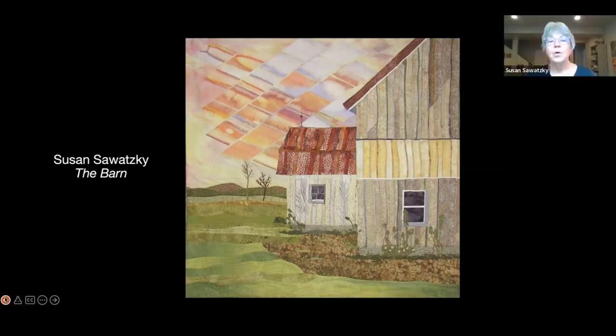Don't you think? Yeah, when I first finished or almost finished it, the sky was one piece of hand-dyed fabric, and it was very pale, and it didn't look good to me at all. And that was when I cut up another piece of hand-dyed fabric to overlay on top of the other one. And that made the piece for me.